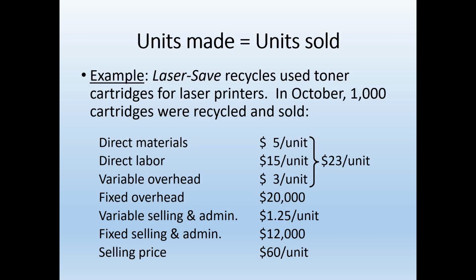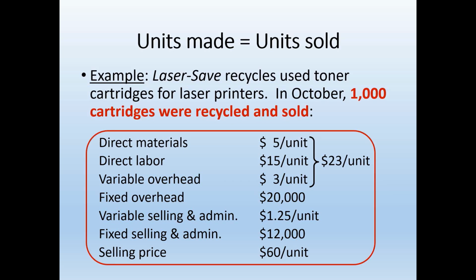Throughout these 3 sections, we'll be taking a look at a company called LaserSave. This firm recycles toner cartridges for laser printers. We're given some information about the company for the month of October. We know that in October, the firm recycled 1,000 cartridges and sold them all.